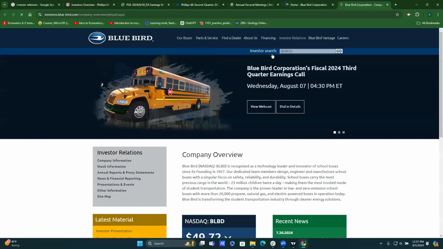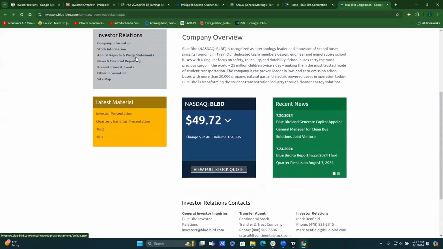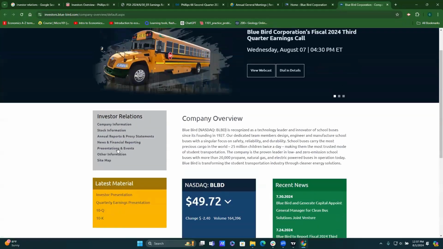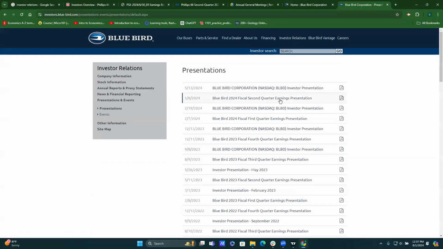Most websites, like I said, have these investor relations pages, and they're really easy to use too, because companies, of course, want you to invest in their company. You can come down here to presentations. I usually look at the fiscal year report, if I can find it.